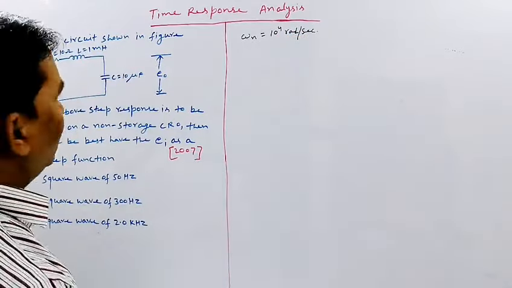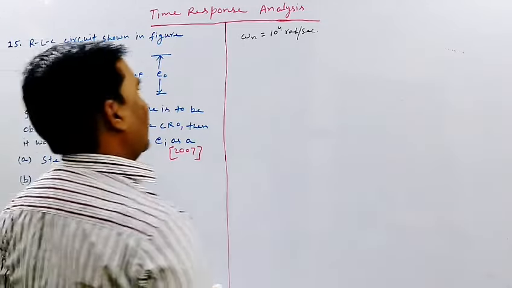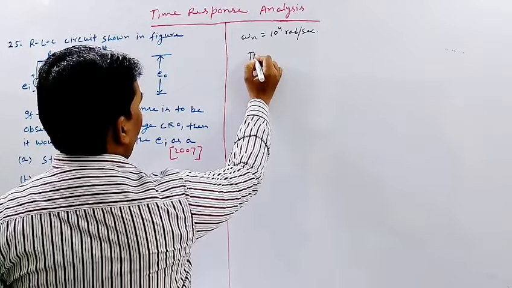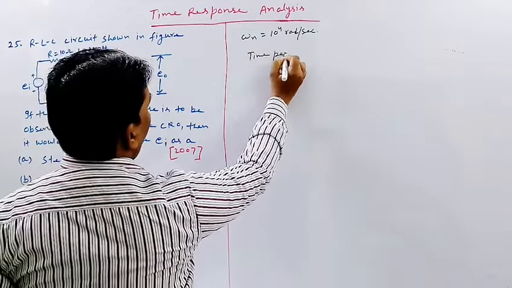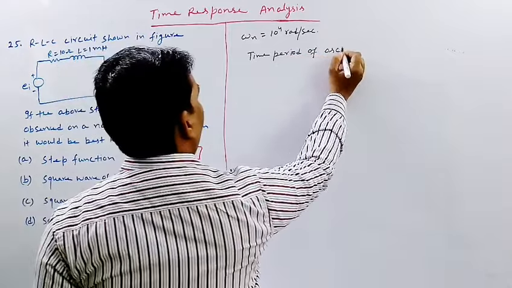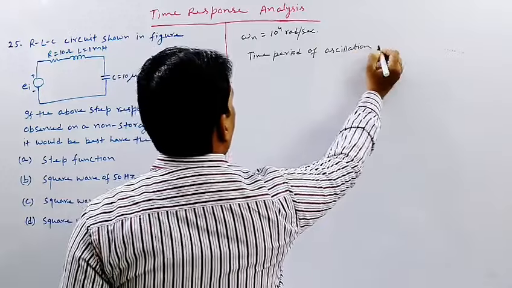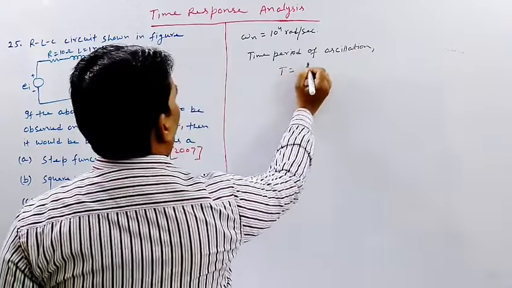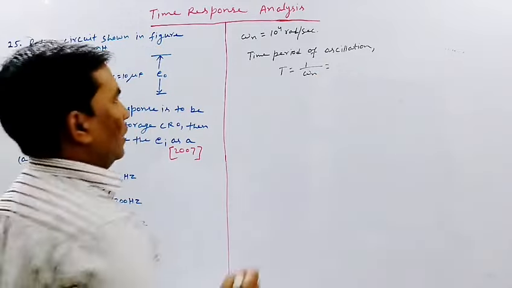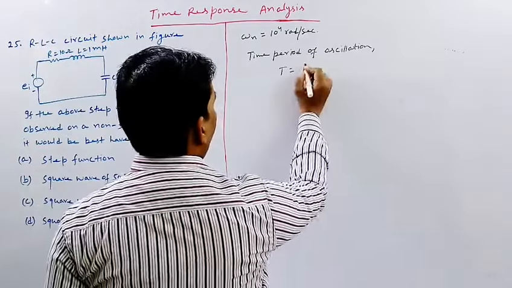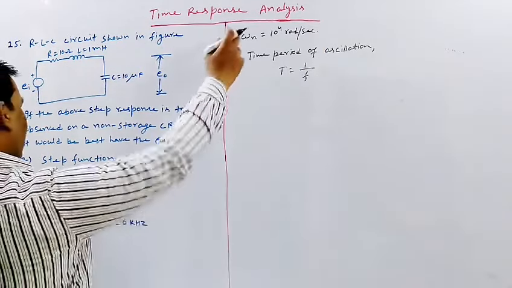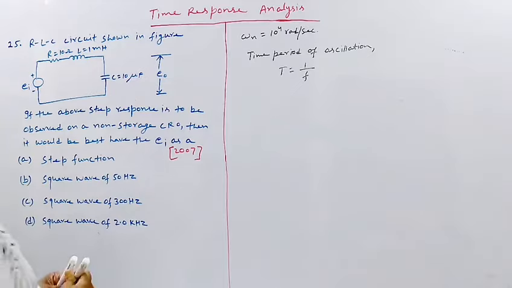According to the previous question, the time period of oscillation is t equal to 1 by frequency, and what is here omega n? Omega n is 10 to the power 4 radian per second.